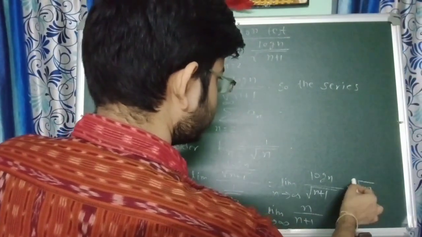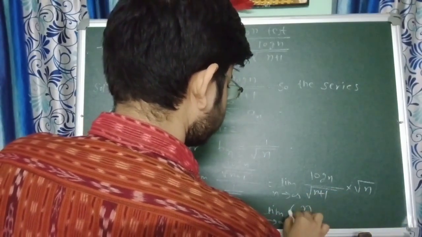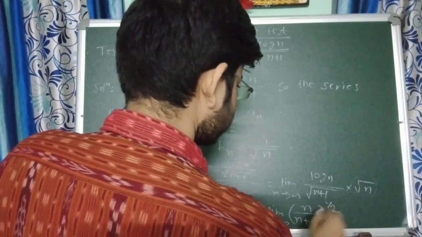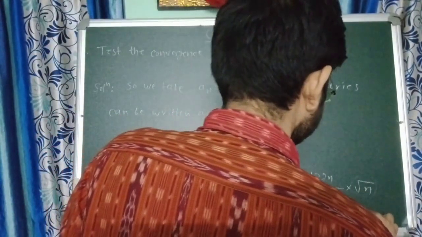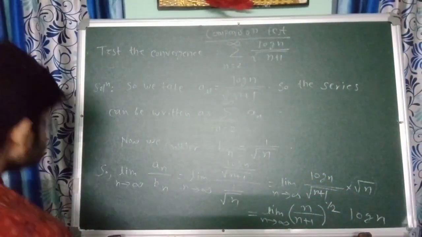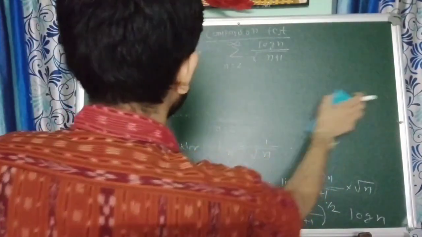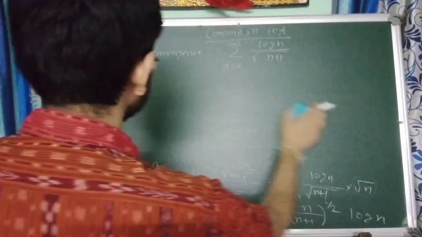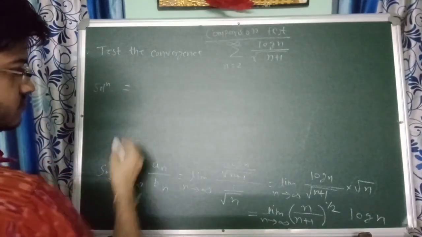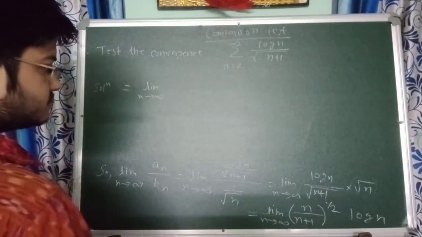Taking this square root of n and square root of n plus 1, and then writing log n, this equals limit n tending to infinity.